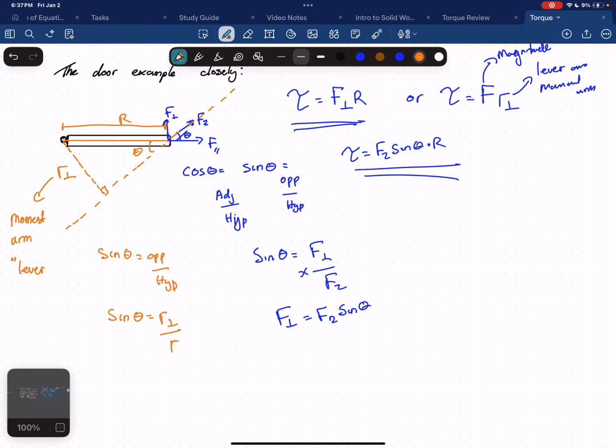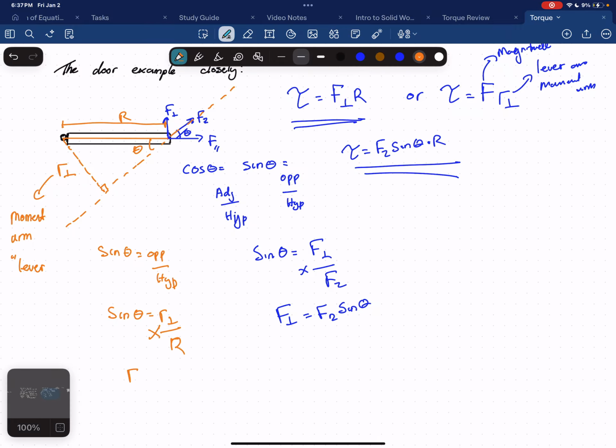All right, so I cross multiply. I know r perpendicular is going to be equal to r sine theta. So from there, my torque is going to be equal to F, and if my force applied is F2, I just plug in the perpendicular distance, r sine theta.